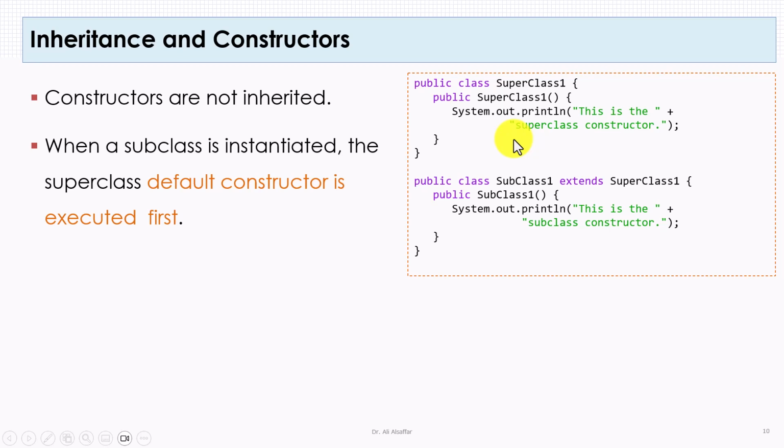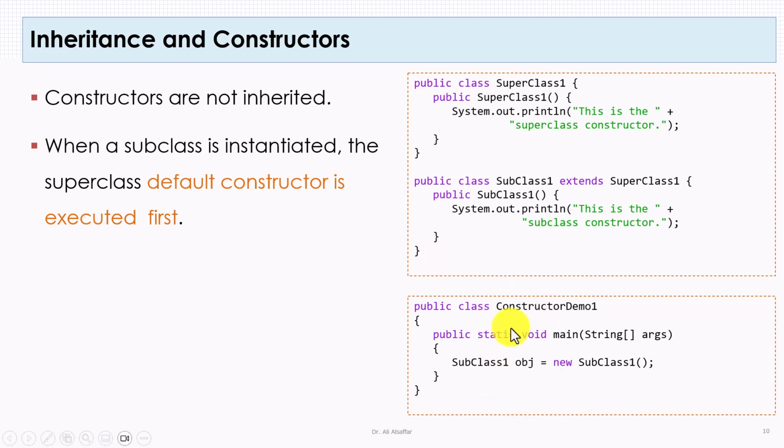Here is an example of a superclass that has a default constructor that prints the message, this is the superclass constructor, and a subclass that also has a default constructor that prints the message, this is the subclass constructor. Now when we create an object from subclass 1, the system automatically will first call the constructor for the superclass and then will call the constructor for the subclass.